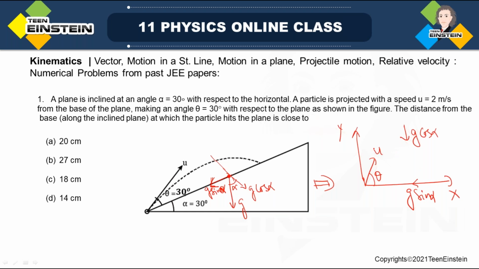Now with this concept you have to solve the problem.